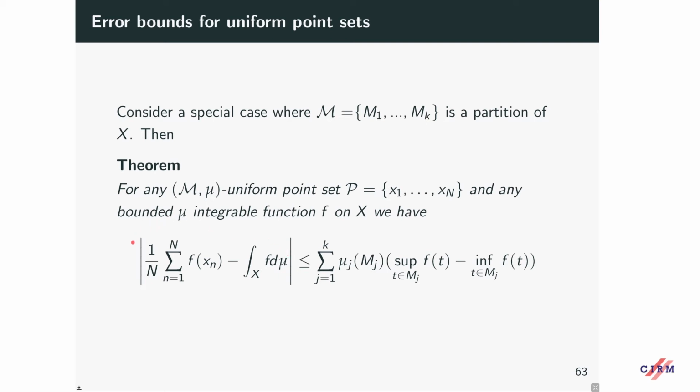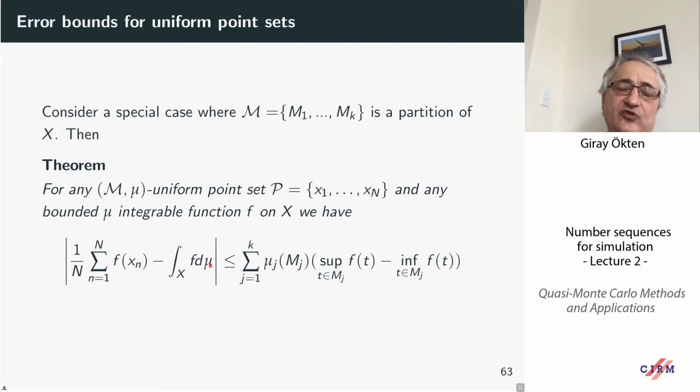Let's have a look at this inequality. On the left-hand side, you just see the integration error, right? Your abstract integral over the space X using the probability measure mu. And here's your estimate.